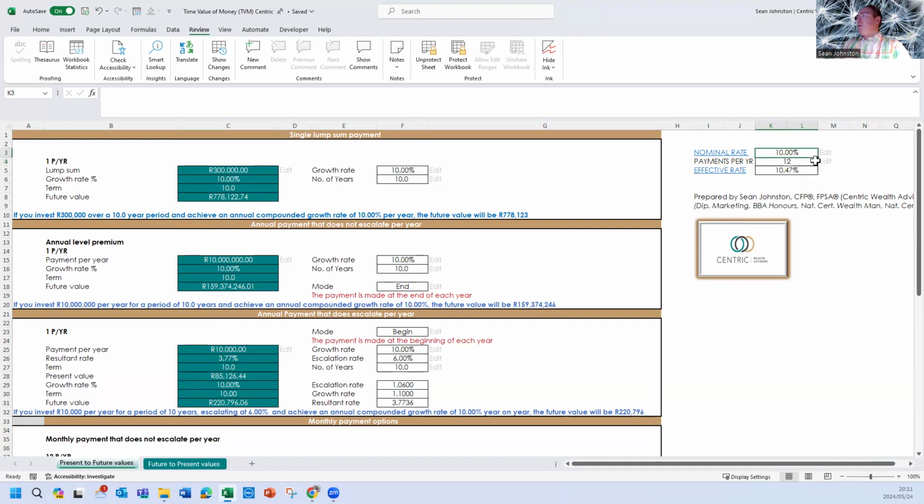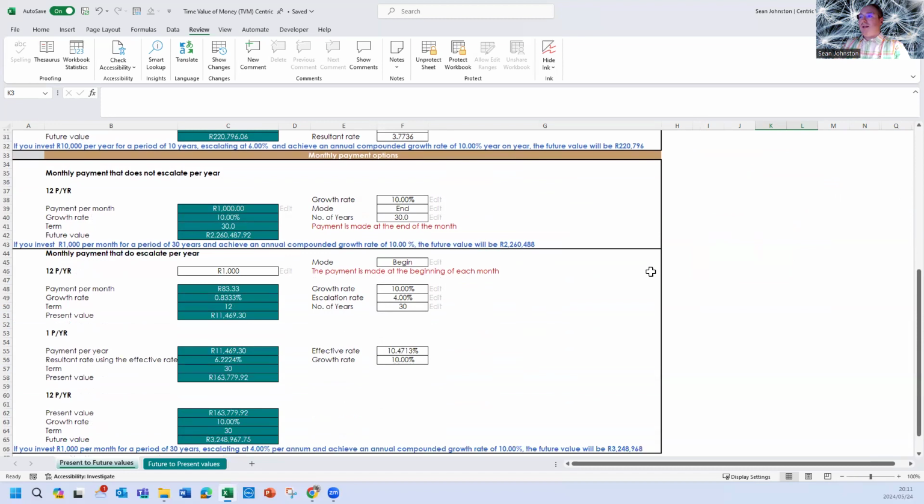As I said, the nominal rate is what you're expecting for the year, but because you're making payments monthly, the effective rate is calculated to determine what is the actual rate that I'm getting per month to get to that 10% nominal rate for the year. And that's important because you need to know what the effective rate is when you're calculating future values for monthly contributions that do escalate.